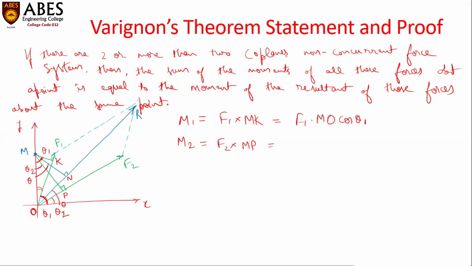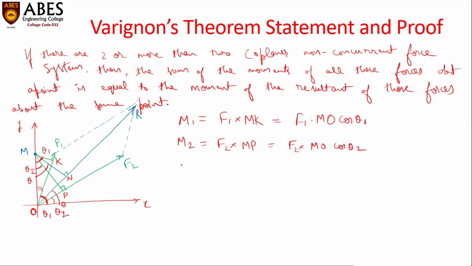Consider this triangle MPO, in which angle MPO is 90 degrees. So MP can be written as MO cos theta2.